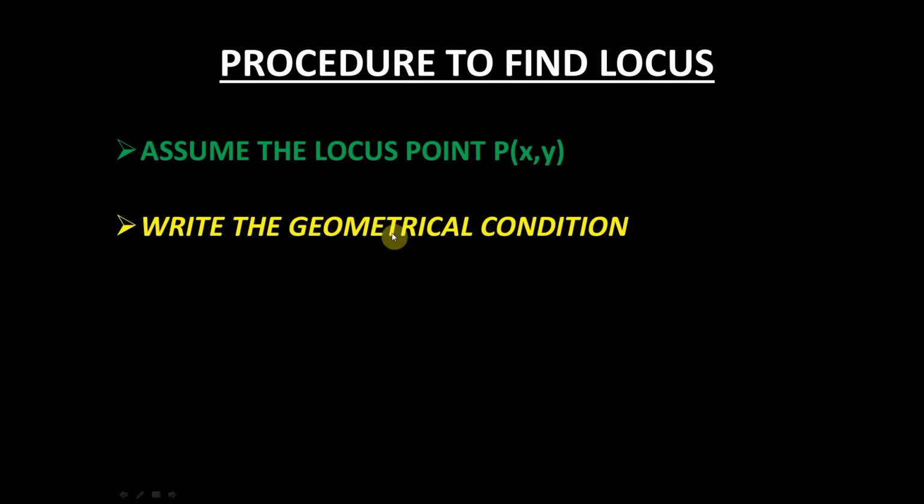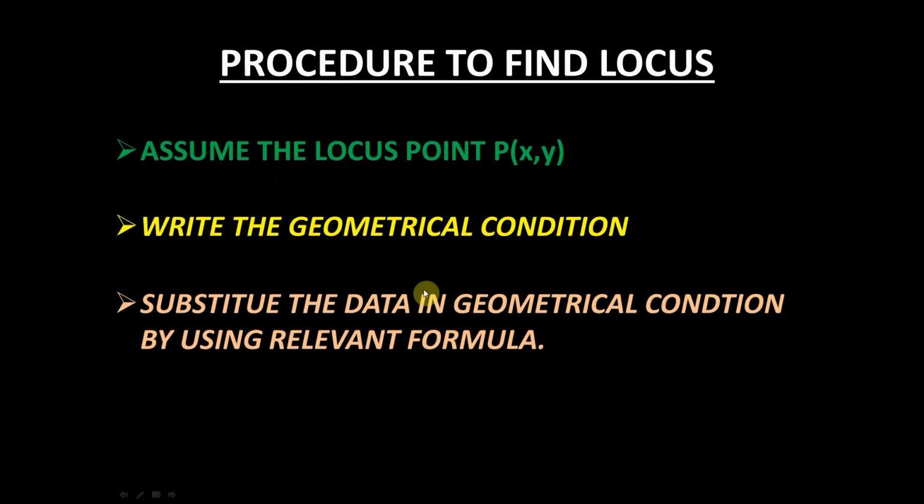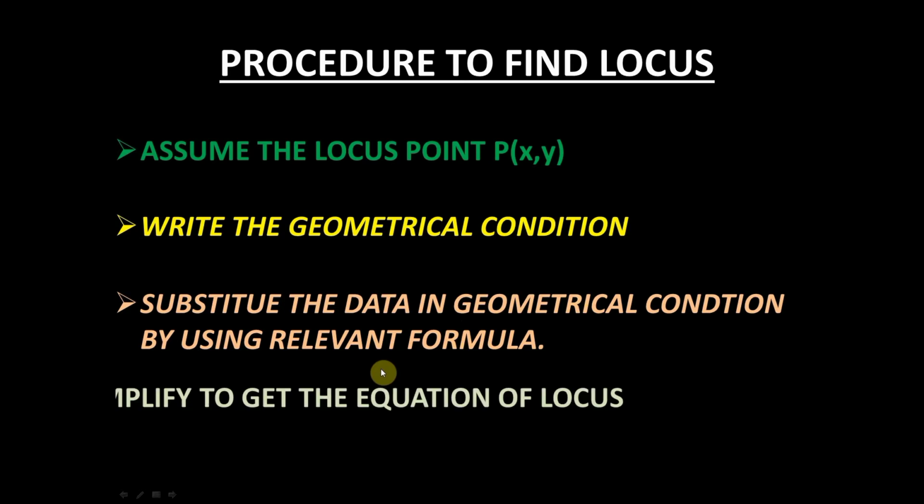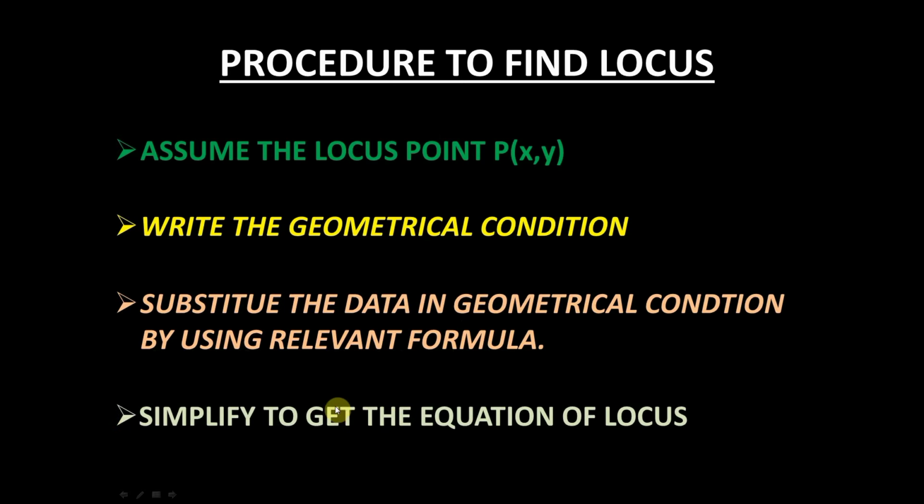In some problems the geometrical condition is given directly. After that substitute the data given in the problem in the geometrical condition, and use the relevant formula. After using the relevant formula, simplify to get the equation of the locus. Now these are the 4 steps involved while solving a locus problem.